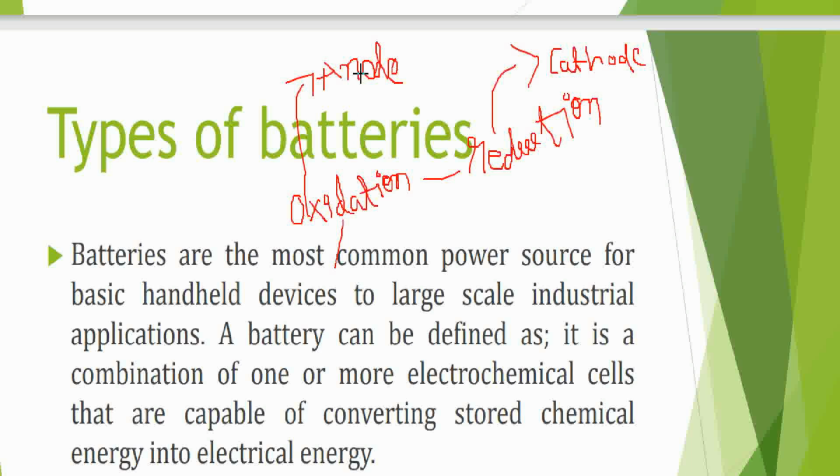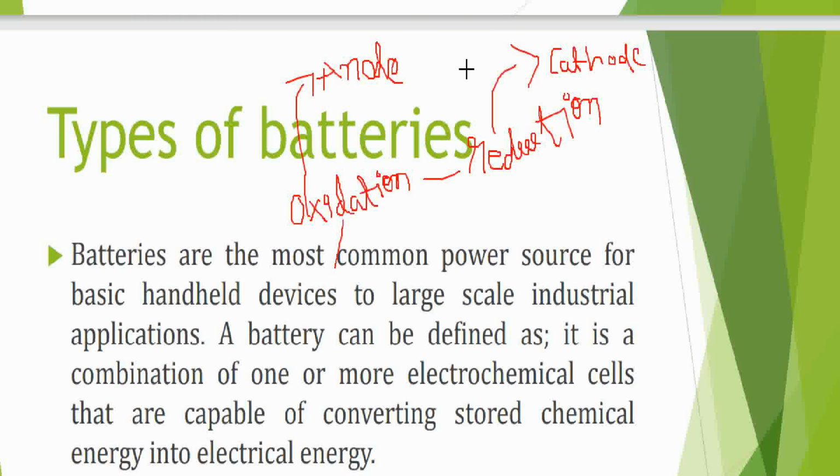In the batteries we have two components, your anode and your cathode. The anode is an electrode where the oxidation occurs, which releases electrons to the external circuit. And in the cathode the reduction takes place.